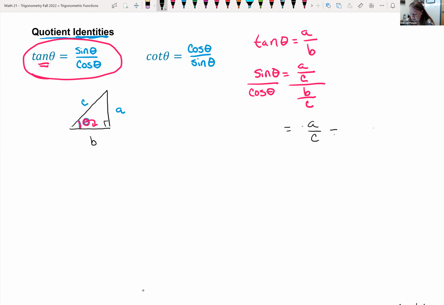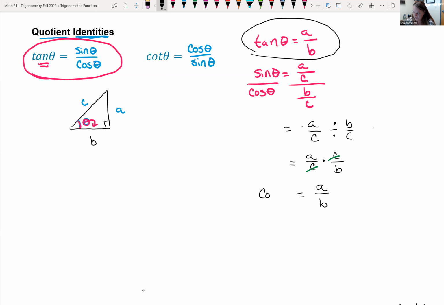So our numerator is A over C divided by B over C. So A over C times C over B. Since it's multiplication of fractions, we can cancel. Our C's cancel, which gives us A over B. So tangent theta was A over B, and we just saw that was the same thing as sine theta over cosine theta.